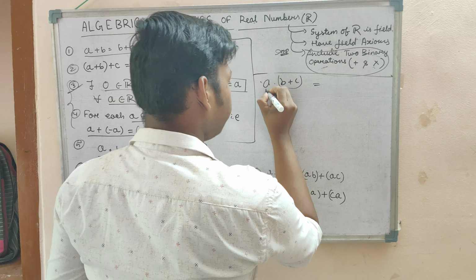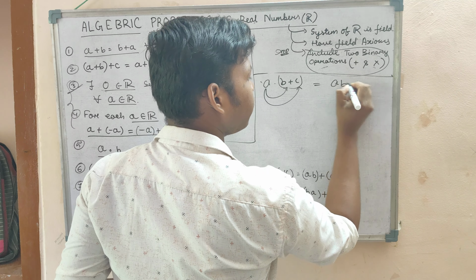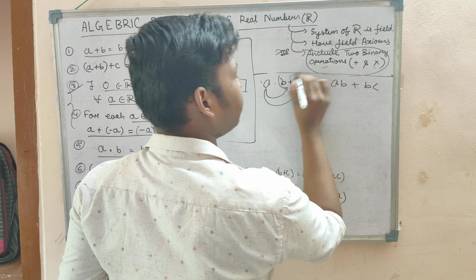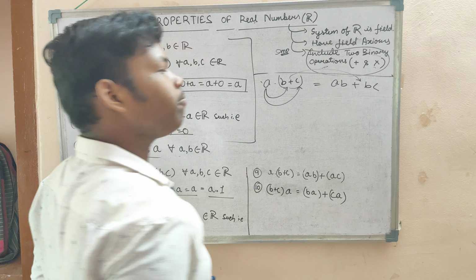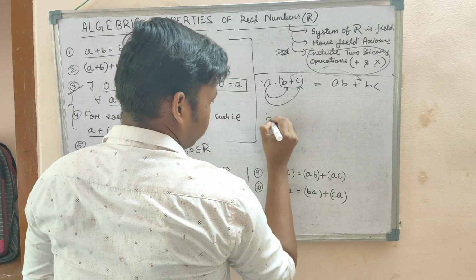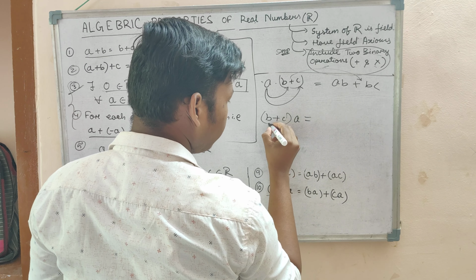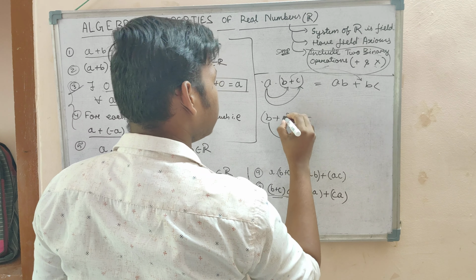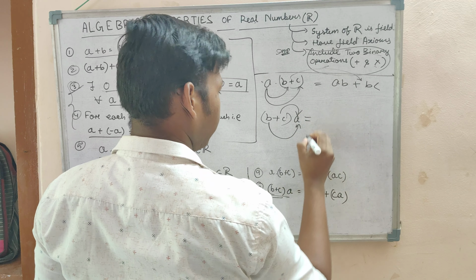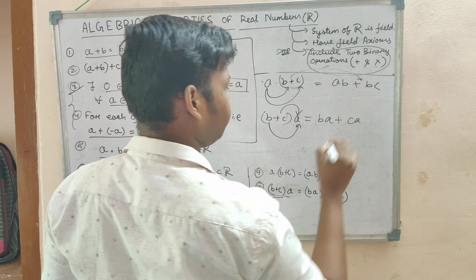We multiply a with b, then a with c, and because the plus sign is there, it remains a plus sign. Similarly, (b plus c) whole into a is equal to b multiplied with a, c multiplied with a, that is ba plus ca.